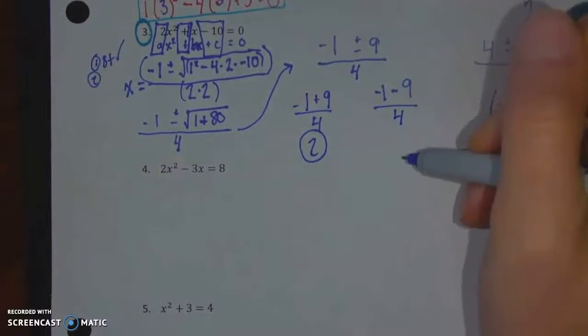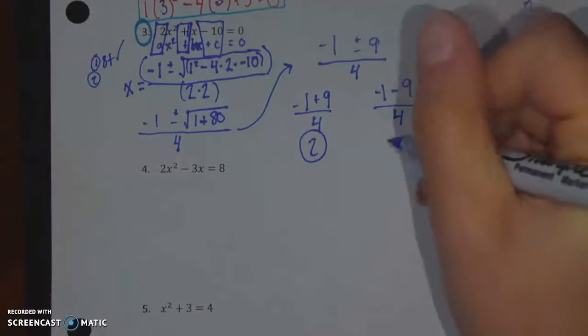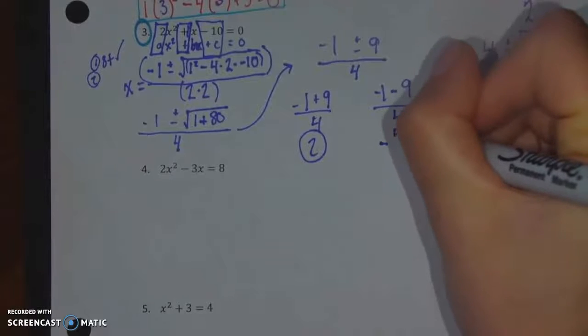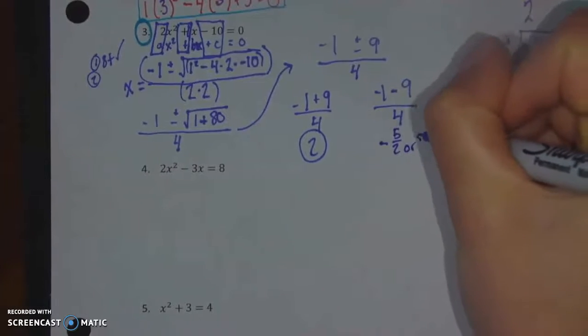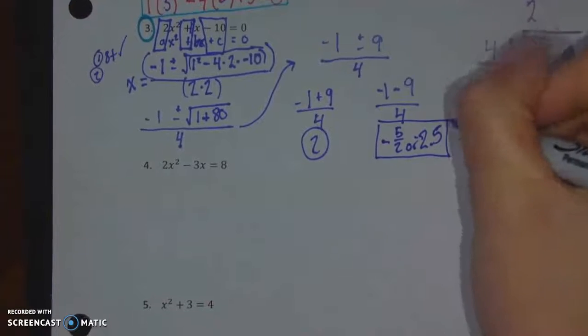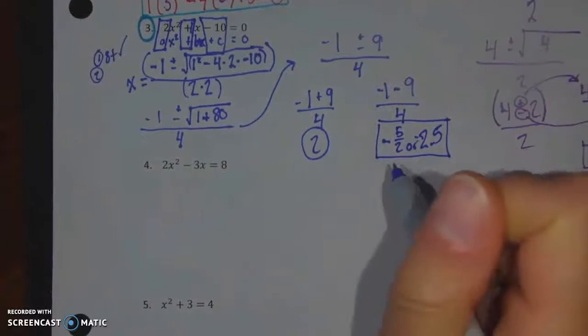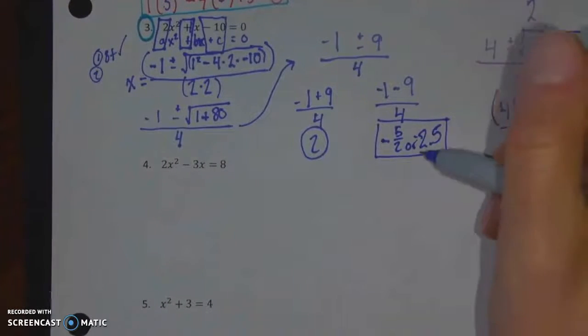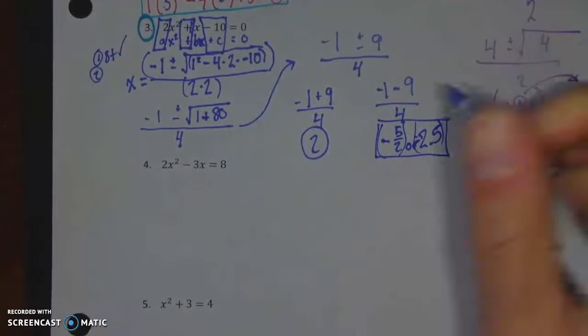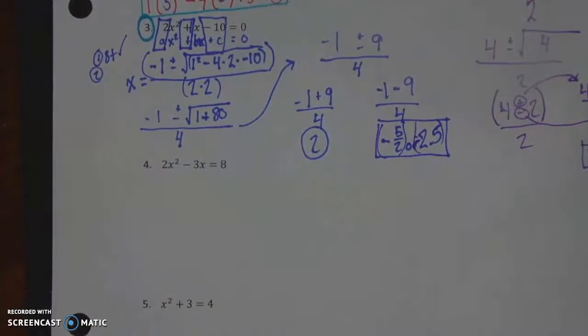Negative 1 minus 9 is negative 10, and negative 10 divided by 4 is negative 10 over 4. Or you could do negative 5 over 2, or negative 2.5, and again, that has to be negative. If you put this in and it didn't work, double check that you used parentheses around your number, because if you don't use parentheses around a negative number and you square it, it will give you the wrong answer.